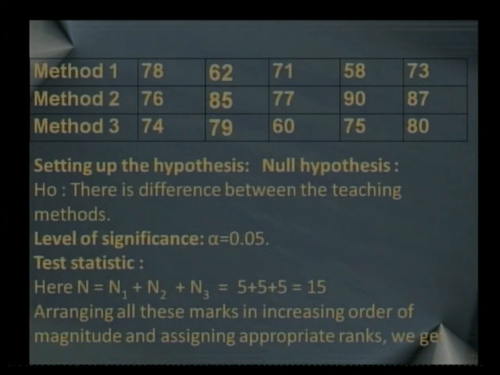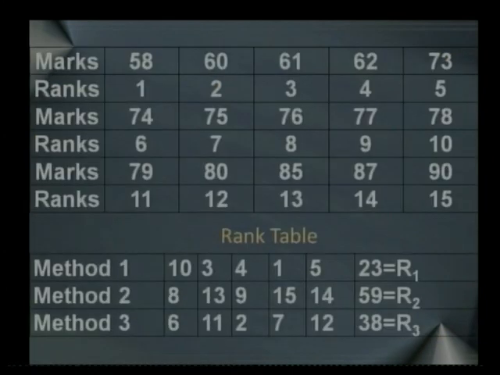Now arrange all these marks in increasing order of magnitude and assign the appropriate rank. I have ranked the data, and in the next table, the rank table, I have summed the ranks. For method 1, the first data is given rank 10, then rank 3, 4, 1, 5, and the total of this is 23. For method 2, the sum of the ranks is 59, and for the third it is 38.